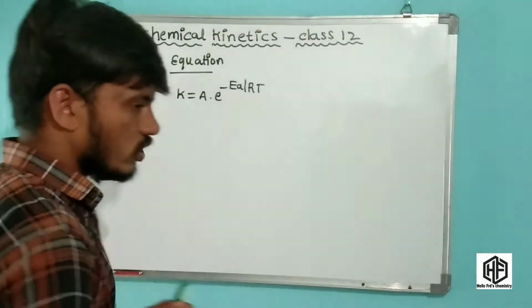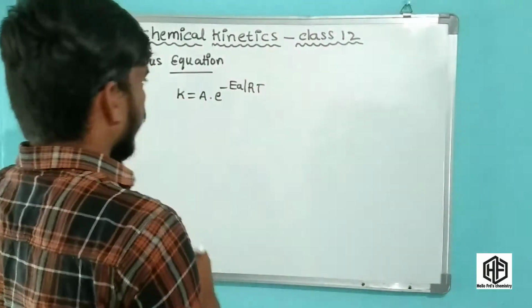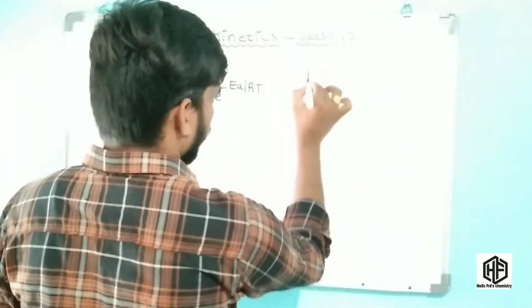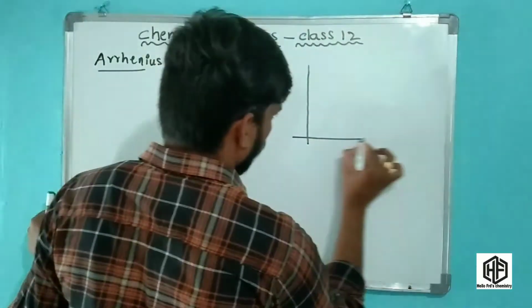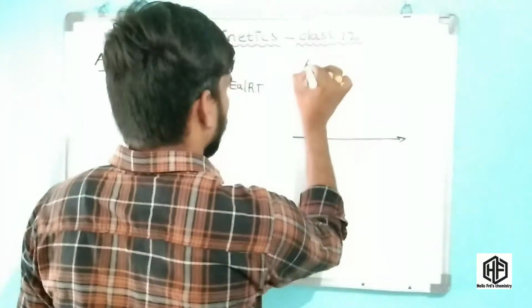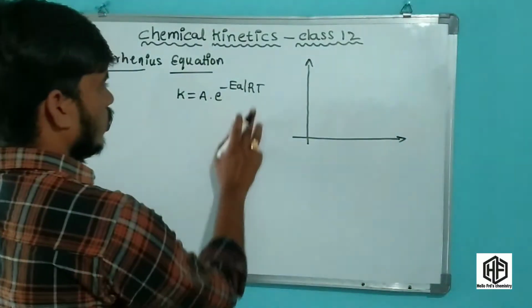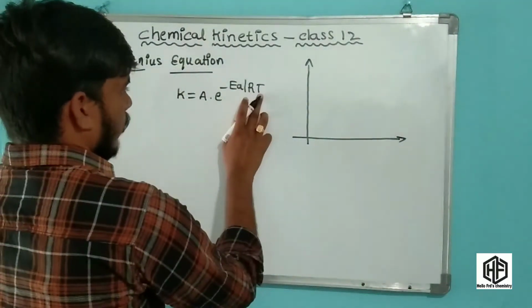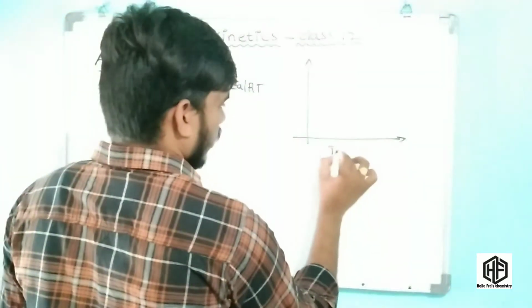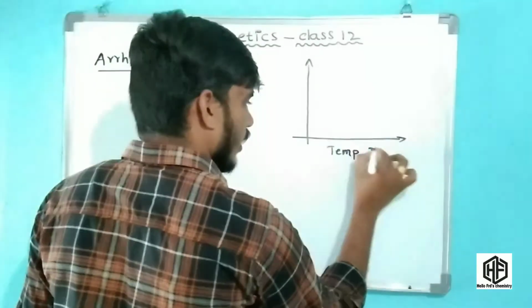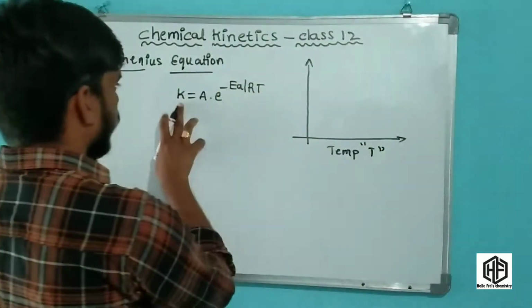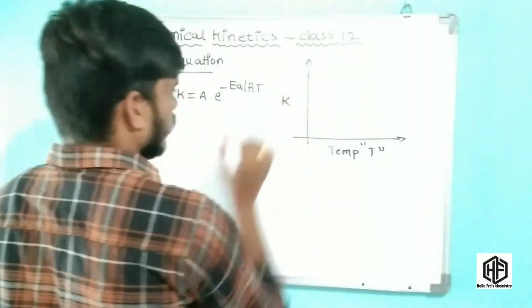Now I will show the graph representation of k versus temperature. Friends, on the x-axis I represent the temperature T, and on the y-axis I represent the rate constant k.